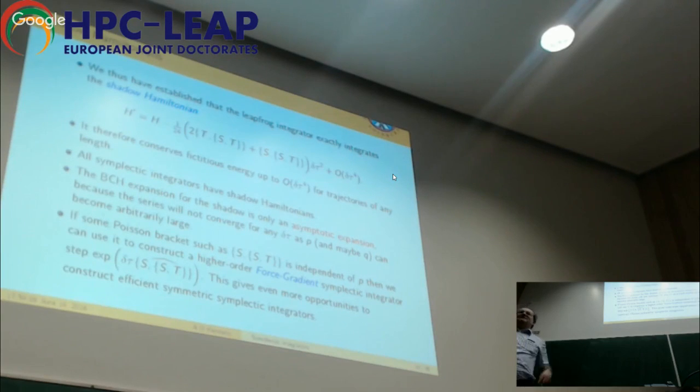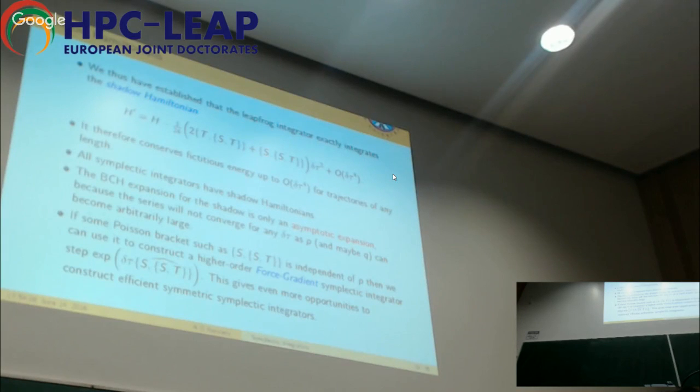So there's some Hamiltonian, if you like, which is conserved up to order delta t to the fourth in this case. And that Hamiltonian is explicitly written down in terms of these Poisson brackets of the S and the T. If I were to choose a leapfrog integrator where I put the S hats and the T hats the other way around, I'll just get some different combination of the Poisson brackets.